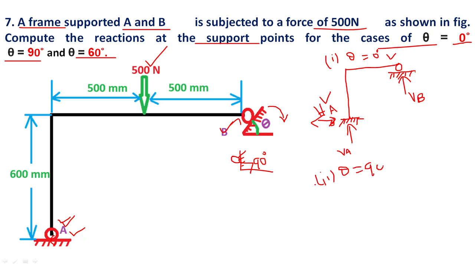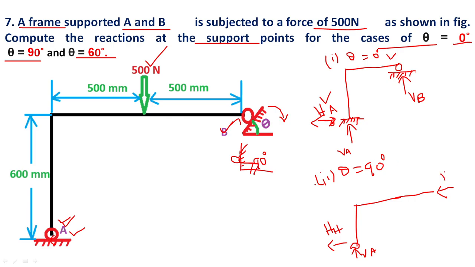Here also it is similar: this is Va, this is Ha, no changes here. At 90 degree, only the horizontal force acts.